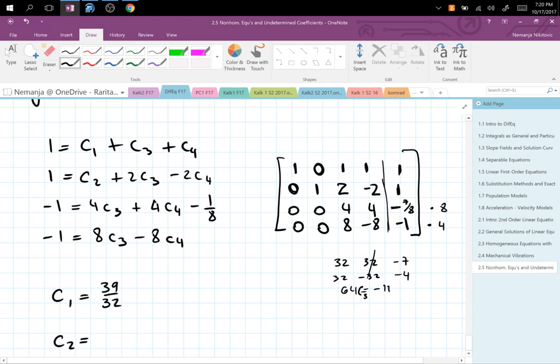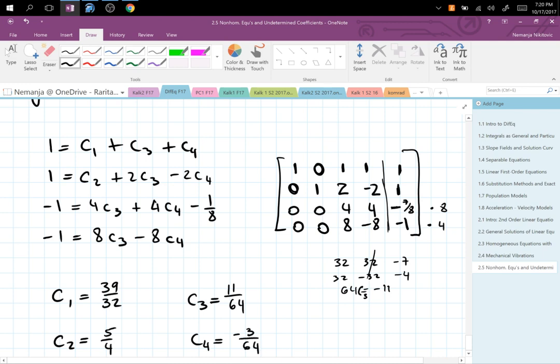C2 is 5 over 4. 5 quarters. C3 is, what's that as a fraction? 11/64. And C4? 3 over 64.